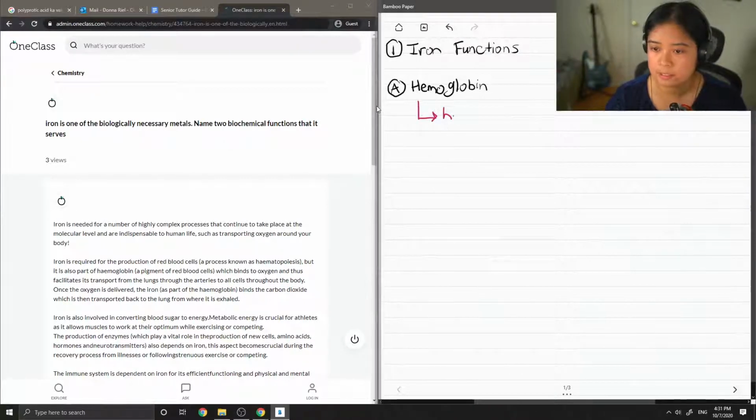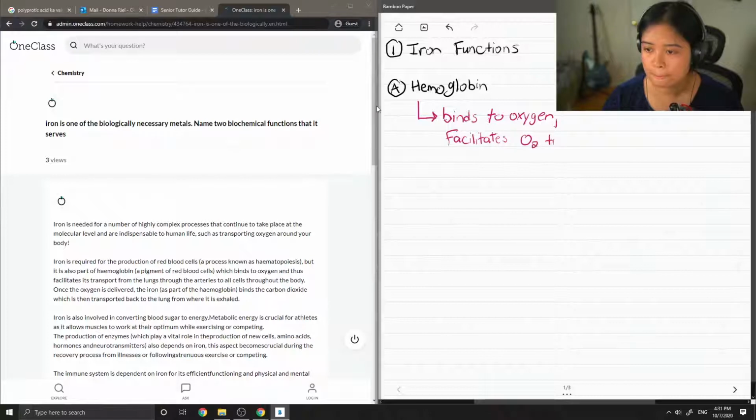What it does is that it binds to oxygen and also facilitates oxygen transport from your lungs all the way through to your arteries.